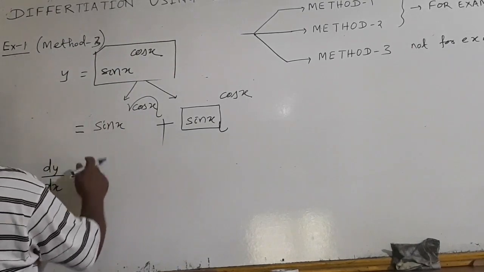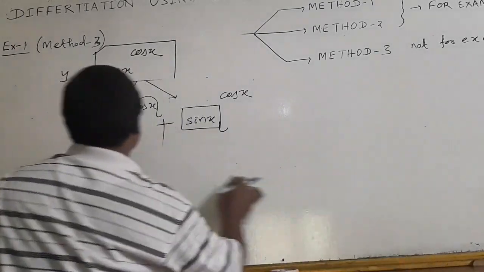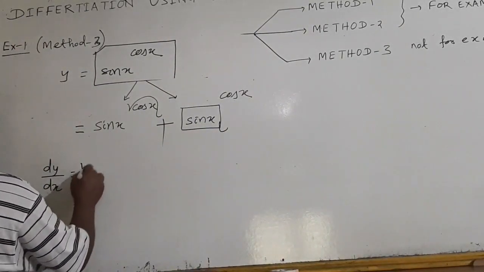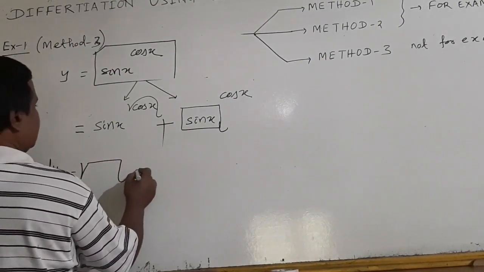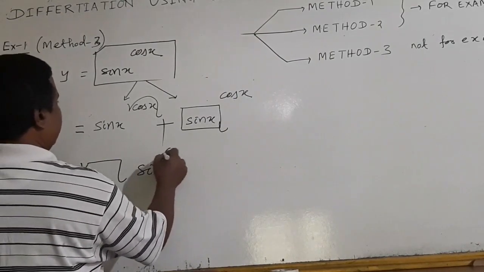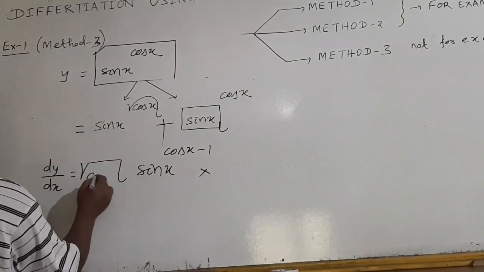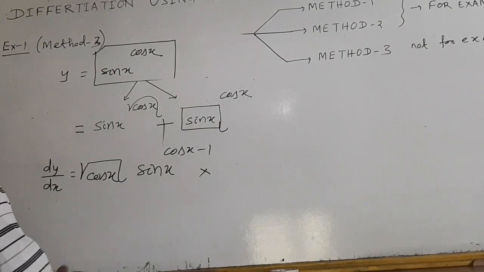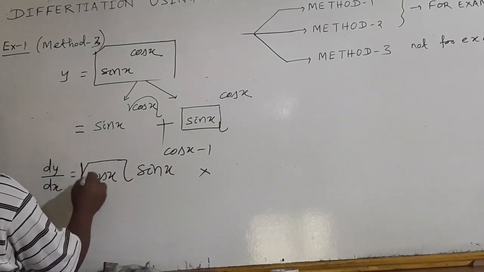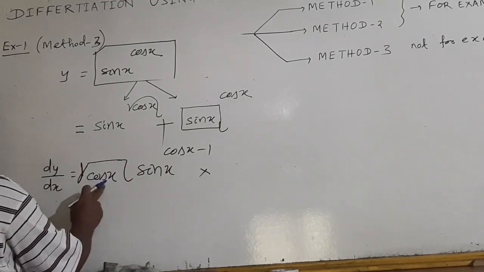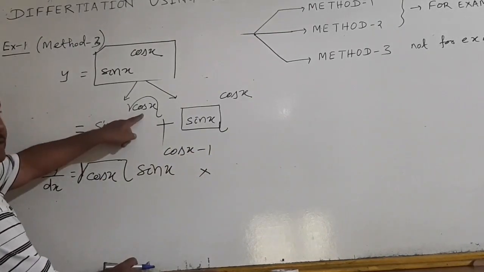Formula is n into sin x to the power n minus 1 into derivative of this variable, that is now treating as constant.